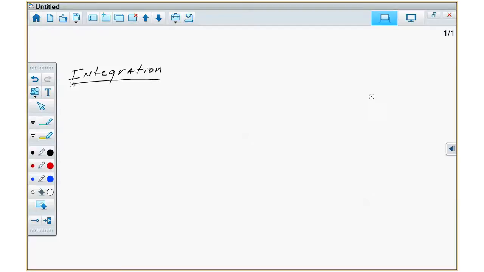Oh, your computer. So far in integration, you've learned how to do the power rule. That's the basic. You've learned how to do substitution. That's the second basic.